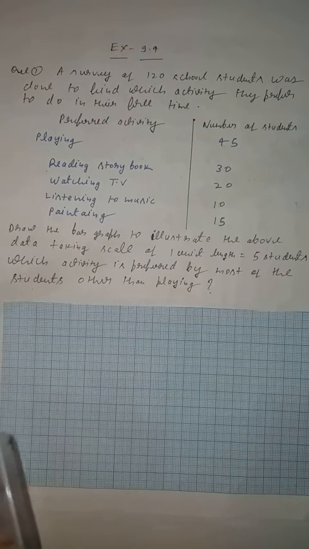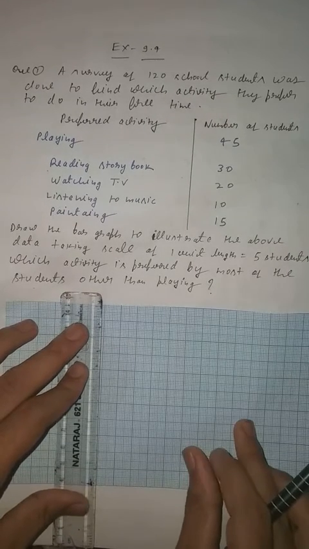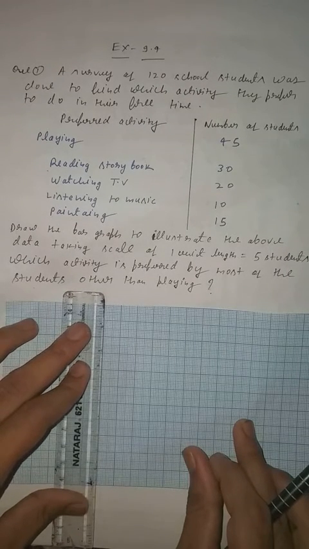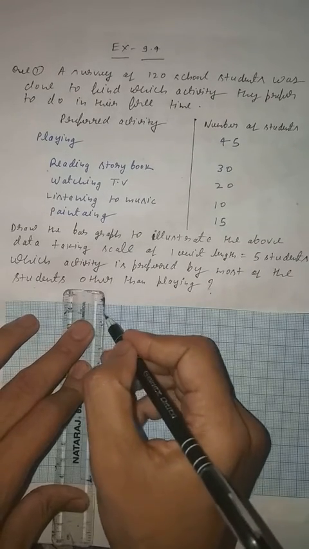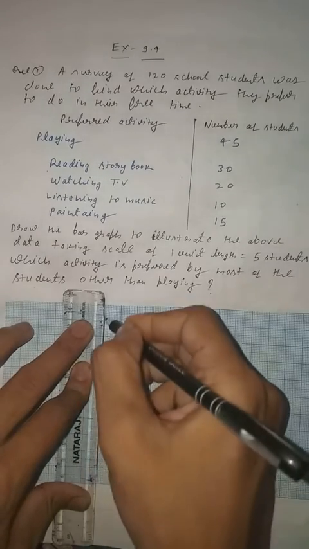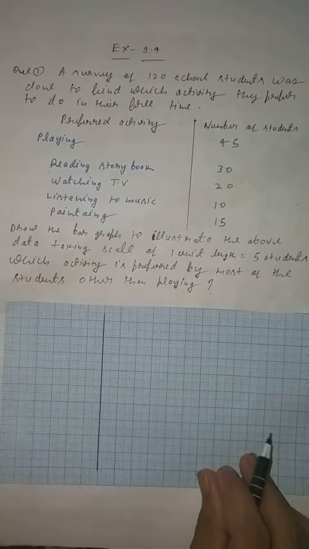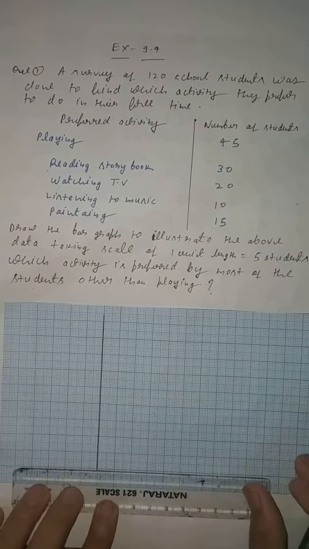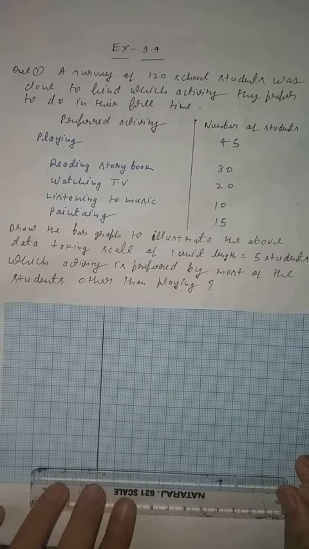Now come to the bar graph. This is your bar graph. You have to draw the vertical line and the horizontal line. This will be your vertical line and this will be your horizontal line.